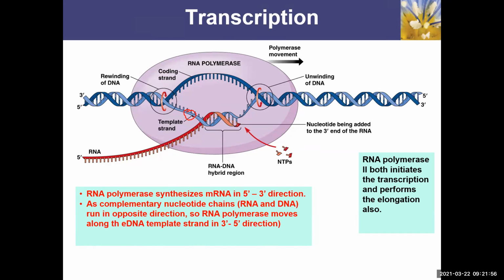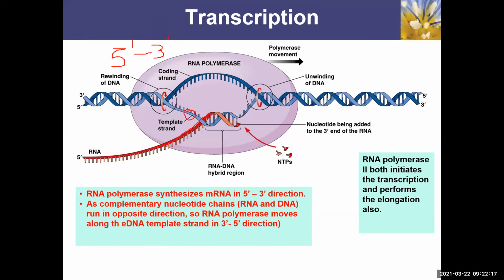Now the direction, very important. Same as DNA polymerase, RNA polymerase can elongate this mRNA chain only in the 5' to 3' direction. It will read the sequence in the 3' to 5' direction, but will form the mRNA in the 5' to 3'.